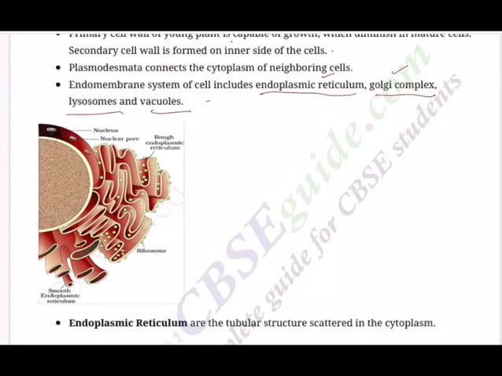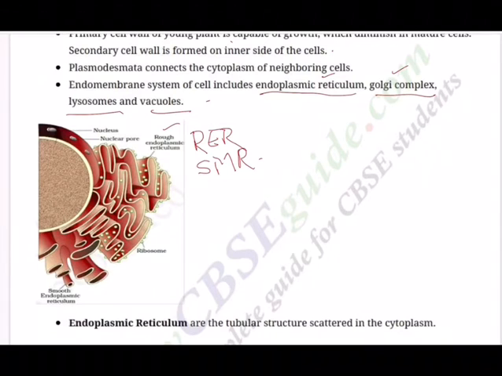And as you are seeing this, you can see the endoplasmic reticulum. Since ribosomes are present on the endoplasmic reticulum, this is called RER, rough endoplasmic reticulum. If ribosomes are not there, then we say SER, smooth endoplasmic reticulum.